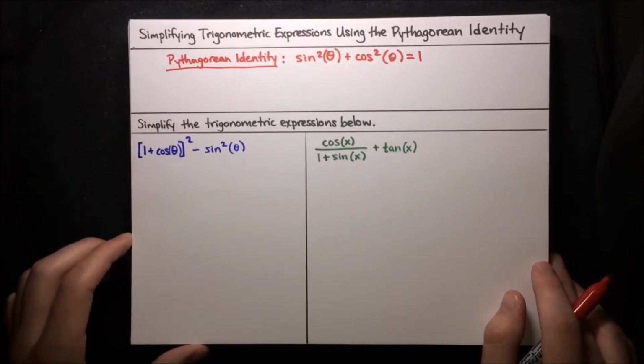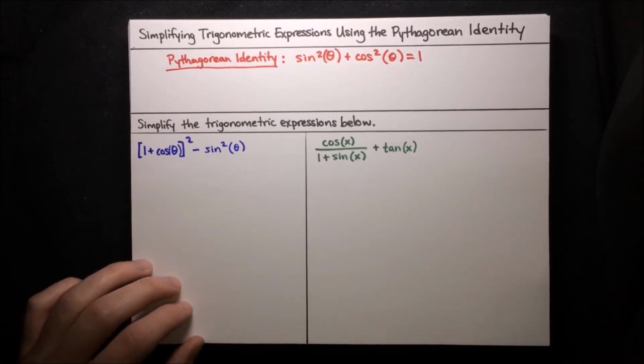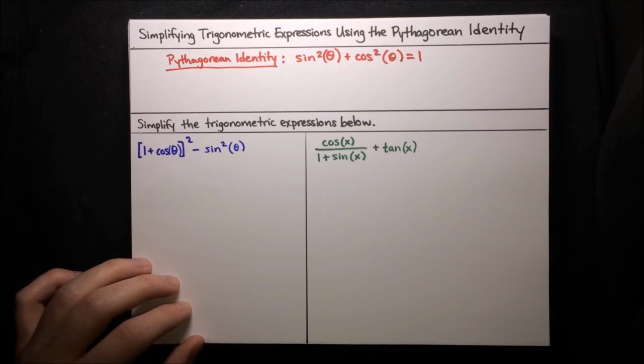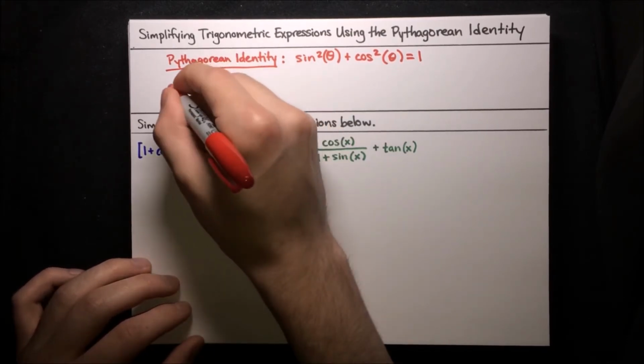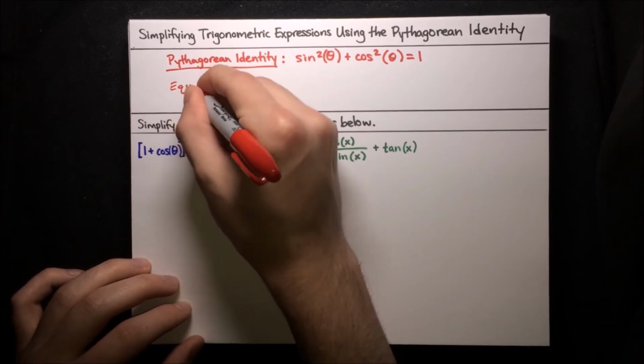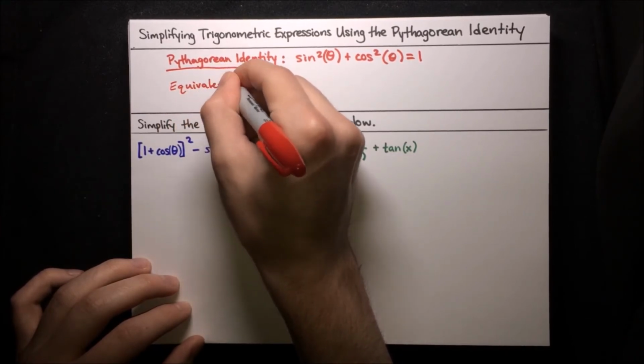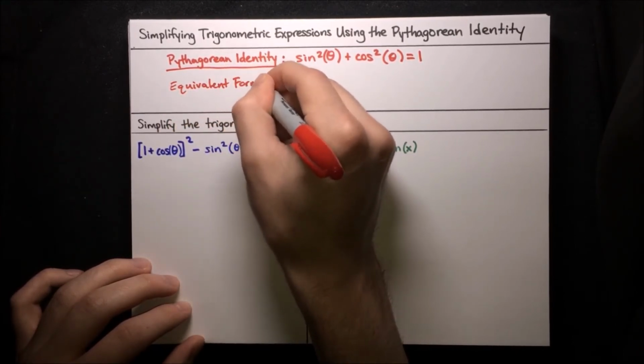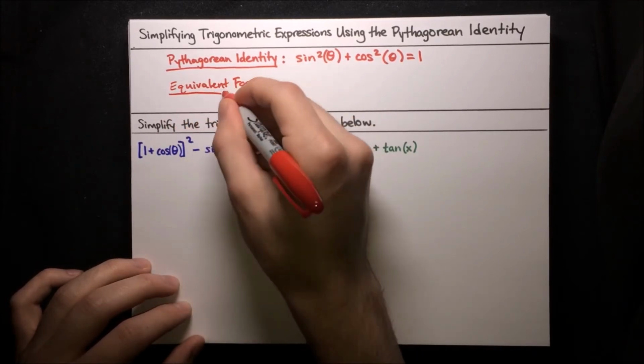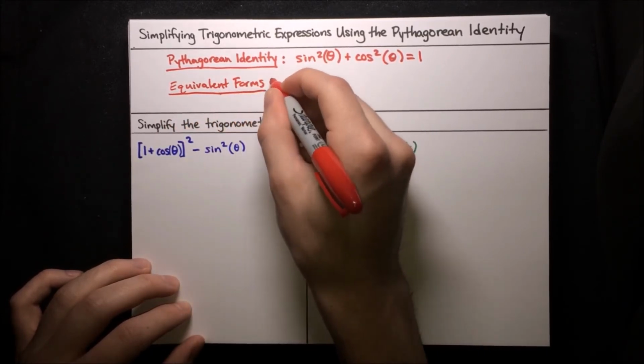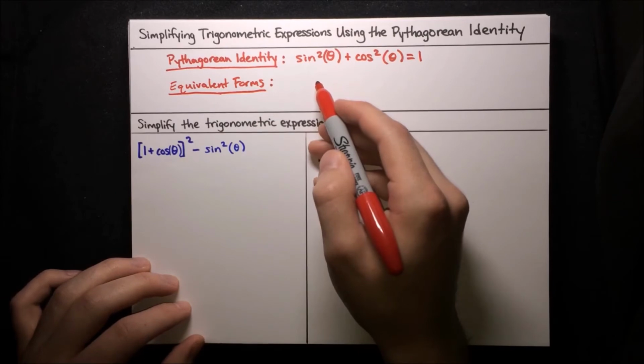Alright, so now we've worked some problems using the Pythagorean identity, but let's not limit ourselves just to the Pythagorean identity as it's stated. We also have some equivalent forms that come from solving for the sine squared term or cosine squared term in the Pythagorean identity.